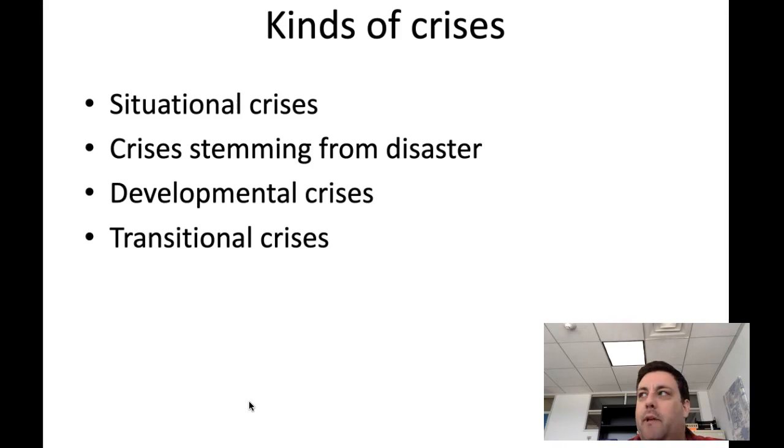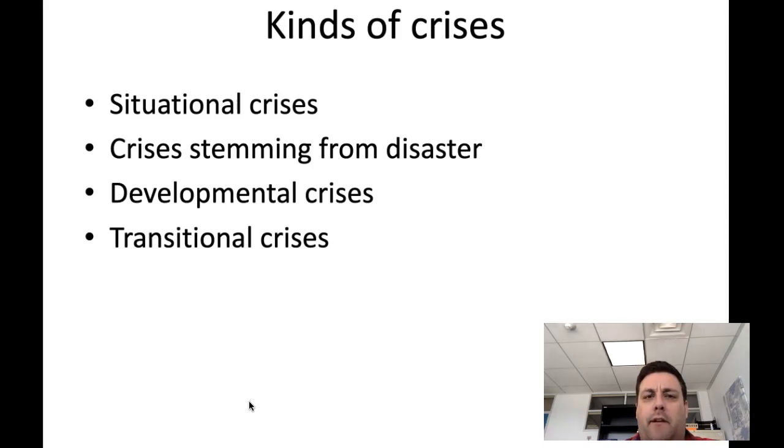So developmental would be moving from one developmental stage to another, and a transitional crisis would be transitioning from one sort of thing to another. So an example of that might be transitioning out of psychiatric care, out of a hospital, or out of jail, or something like that.